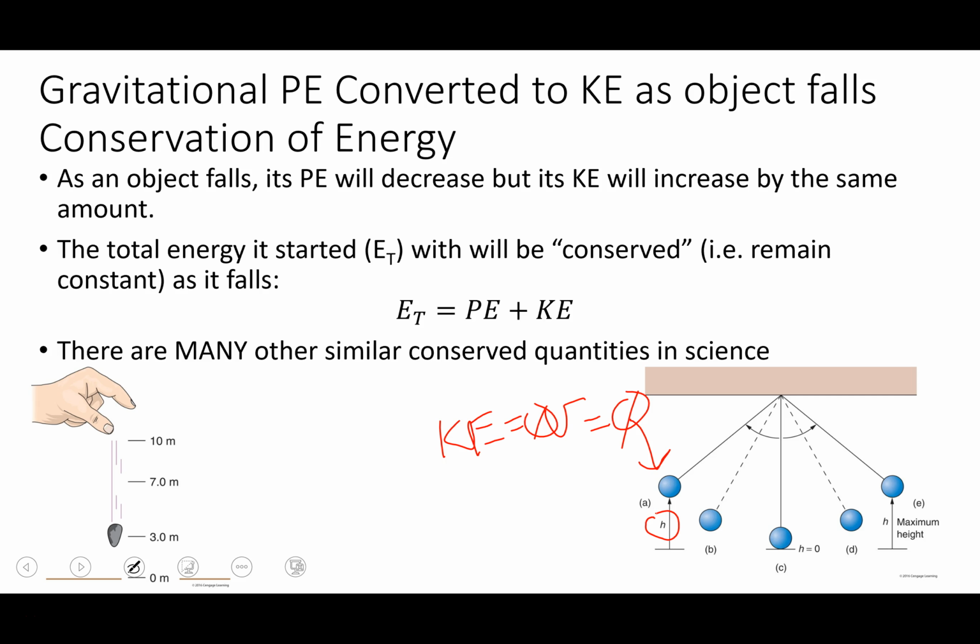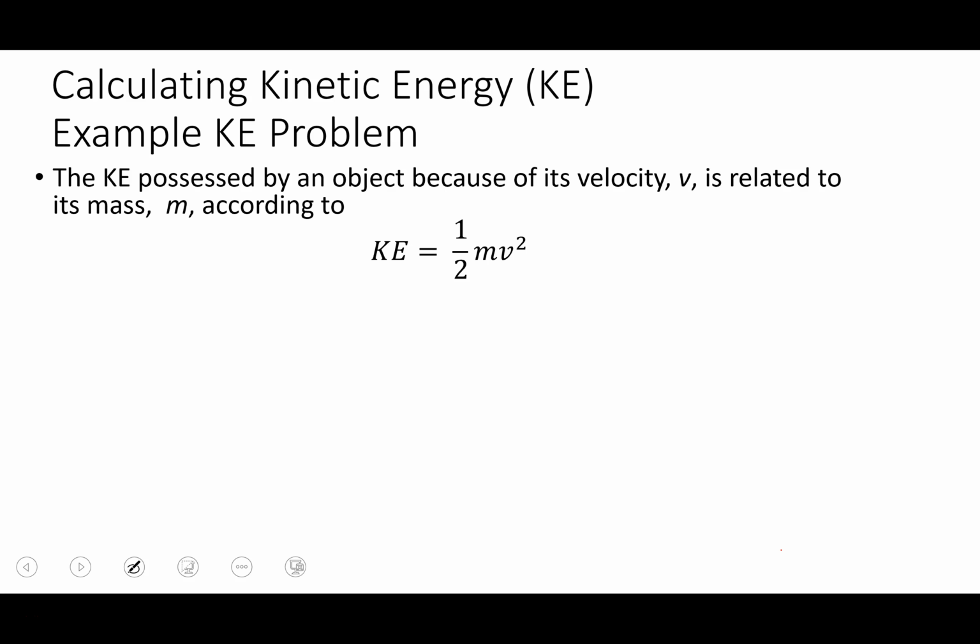So that means it has lots of potential energy. And then down here it has a lot of motion, so I'll put KE is high, and basically the H is 0, so PE is equal to 0. Sorry, it's really messy, but hopefully you heard me say that.